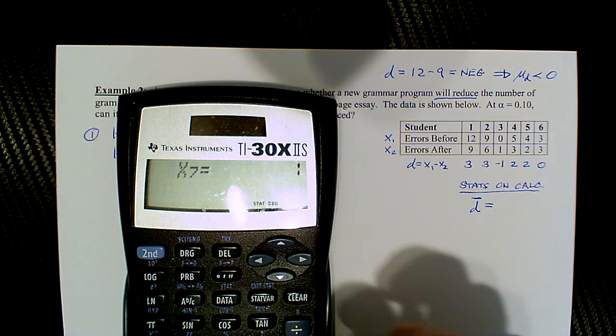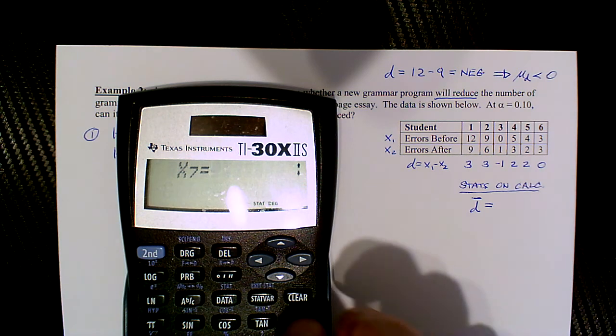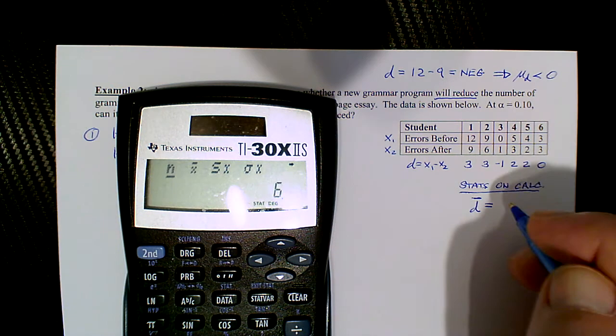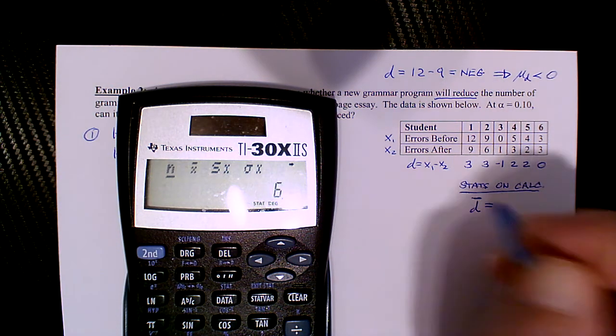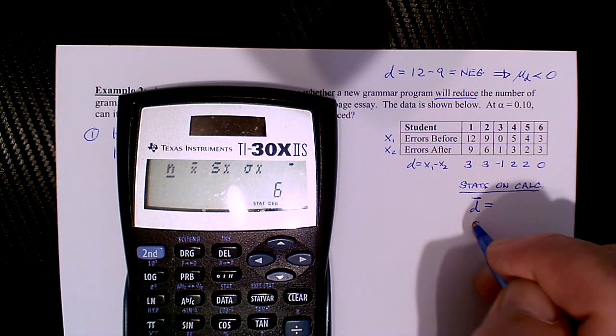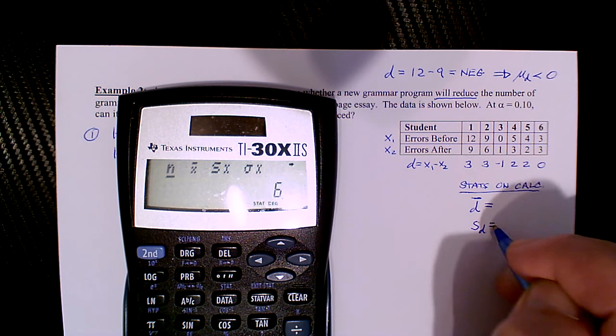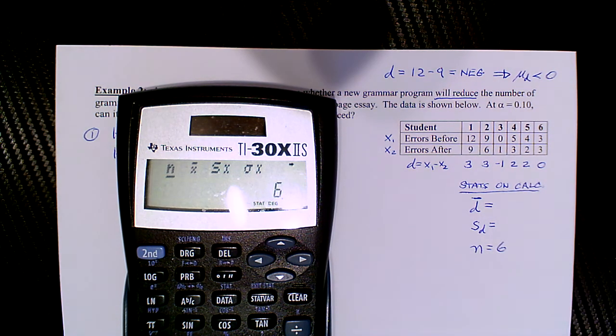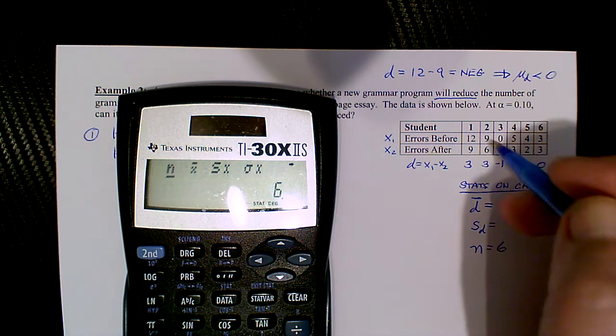Okay, everything's entered. Go to stat variable, calculate. There's n is 6. Maybe note that as well. Let me do that after I get my S sub D and D bar. So n is 6. There's 6 data pairs. You can count them, or you can obviously see that in the table.